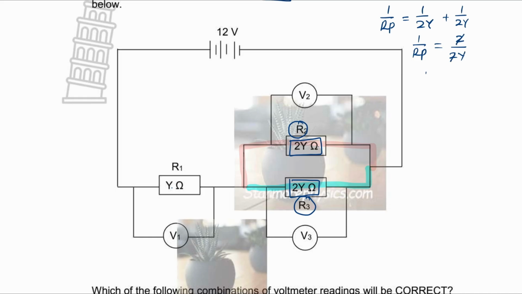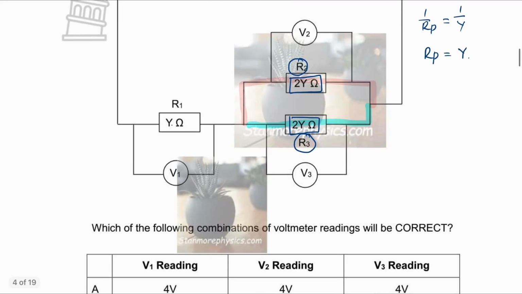That means that 1 over R parallel is equal to 1 over Y, so R parallel is equal to Y. Effectively we have a circuit that can be simplified to this. We have a resistor here of Y, and then the parallel has a resistance of Y as well.